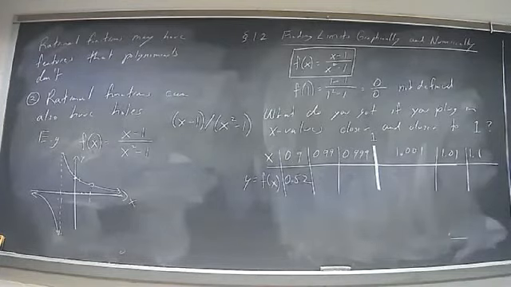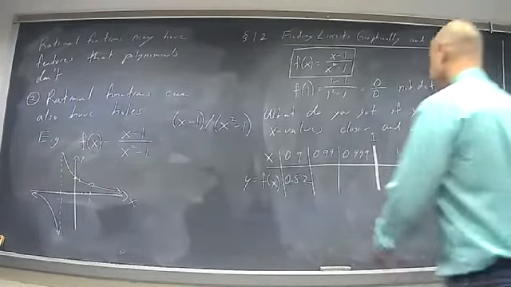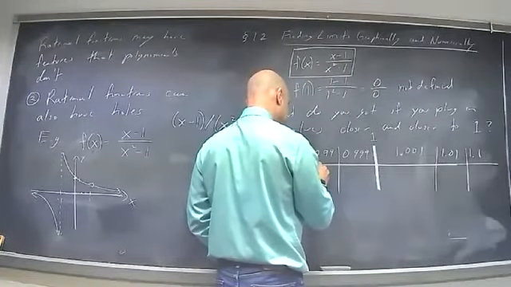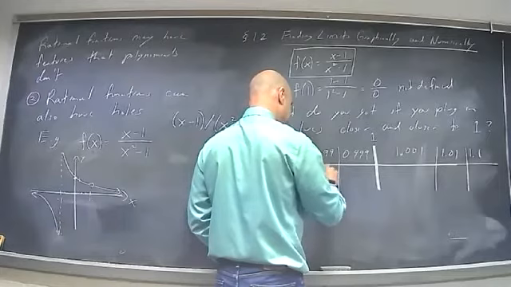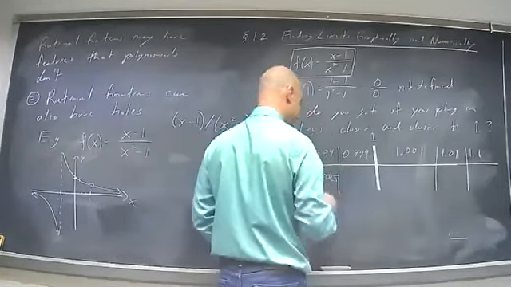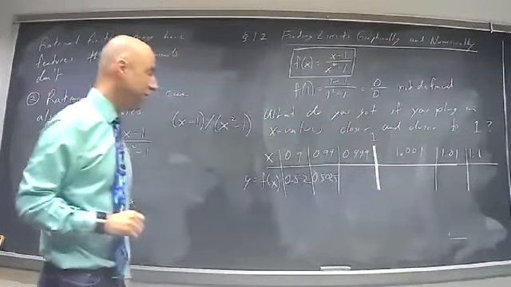Other people? For 0.99, I got 0.50. Okay, can you give me a couple more decimal places? So 0.5025.